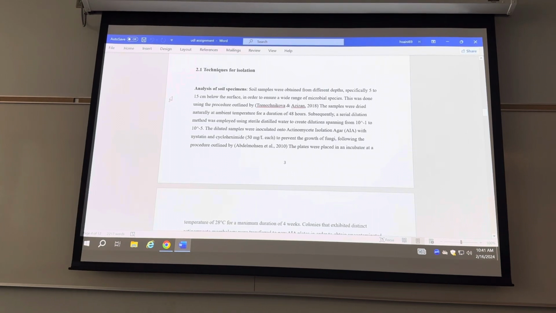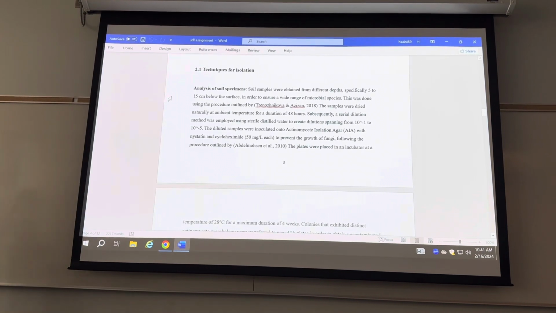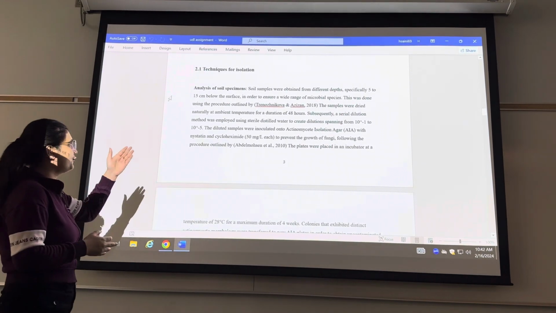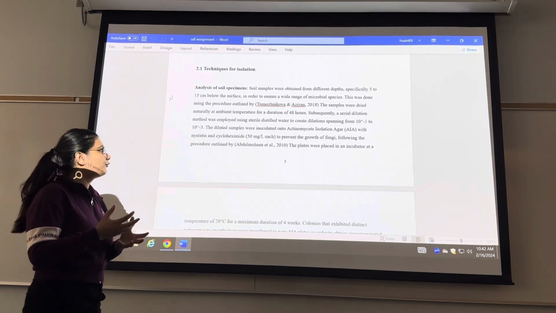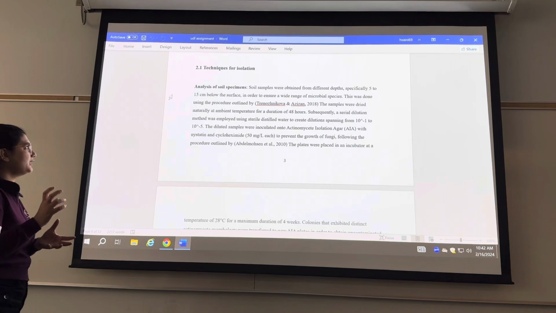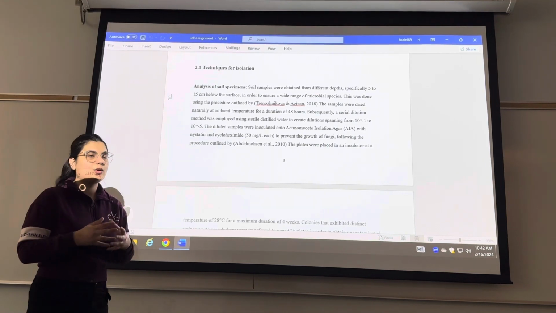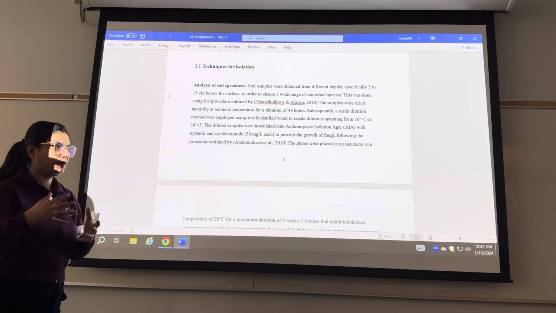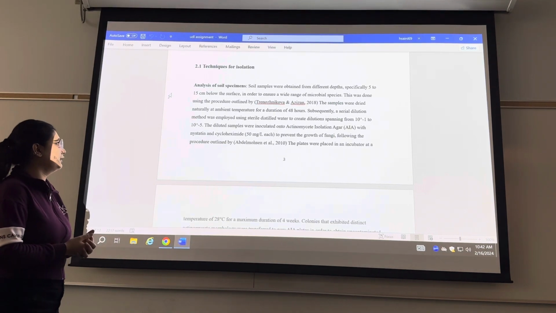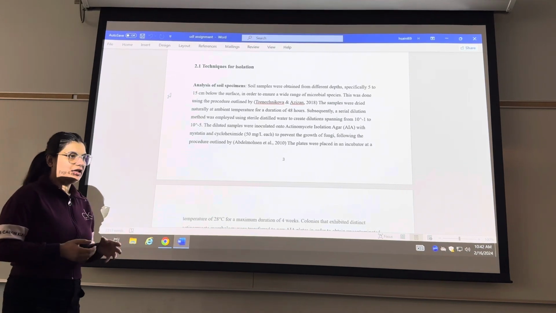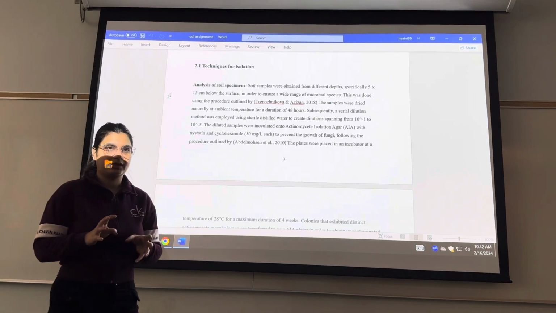The first technique is how we have isolated actinomycetes from the soil specimen. We have taken the soil especially from 5 to 15 centimeter of the surface. Why have we done this? So that we can get a wide range of microbial species. After that we dried the soil for 48 hours.